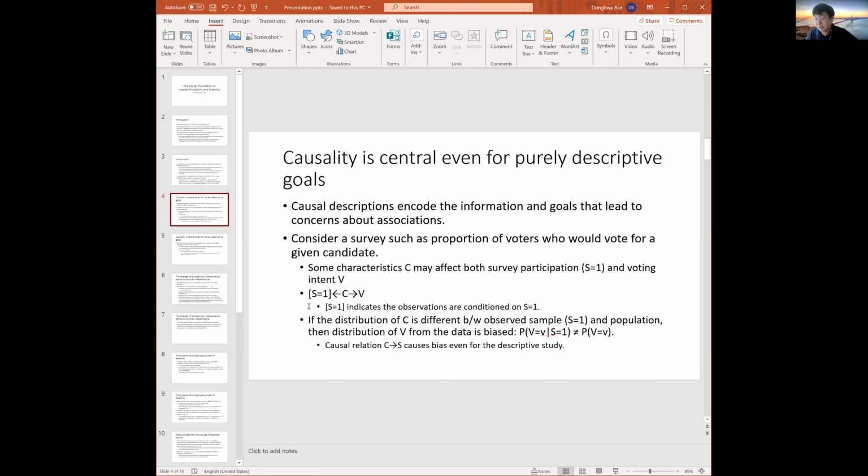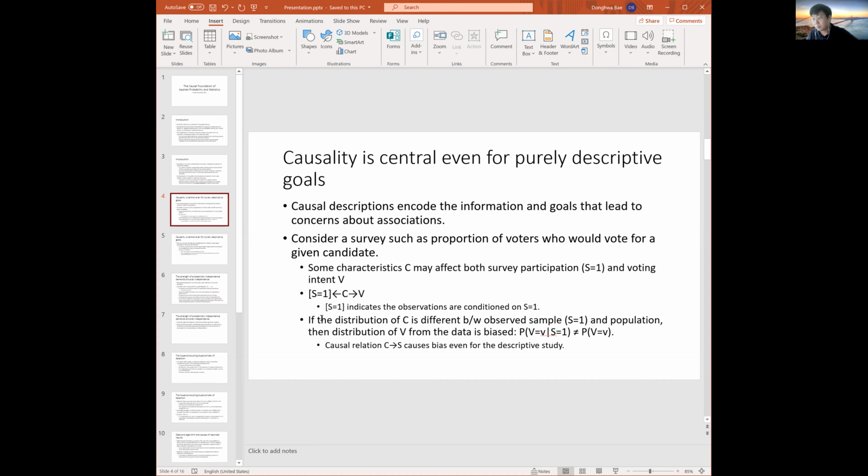Let's see this causal graph. C is the characteristic, S is the selection node, V is preference for the candidates. We can only see the samples where S equals 1. It means that this node is always conditioned.